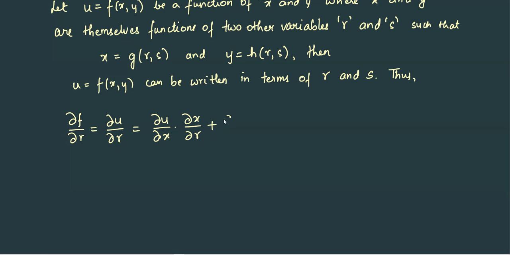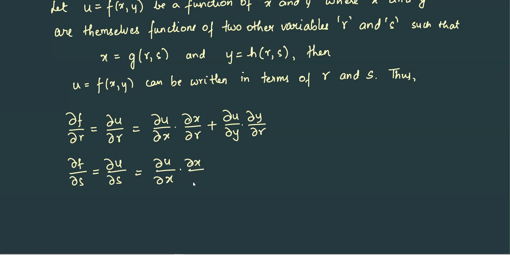Second term, dou u by dou y times dou y upon dou r. Similarly, dou f upon dou s, or dou u by dou s, will be dou u by dou x times dou x by dou s plus dou u by dou y times dou y by dou s.